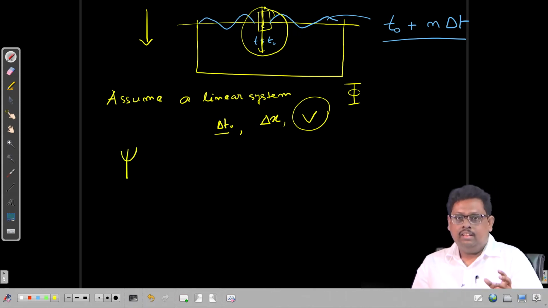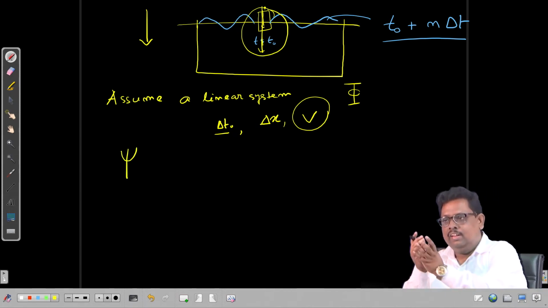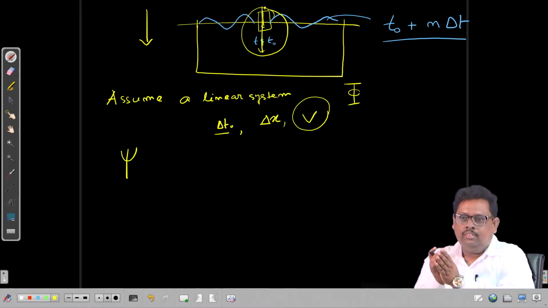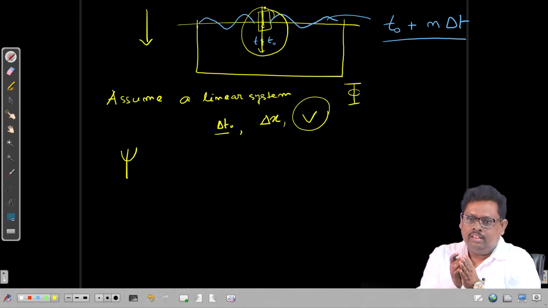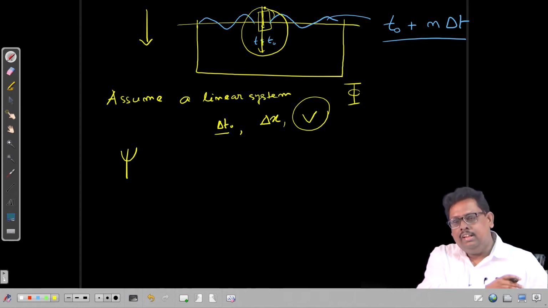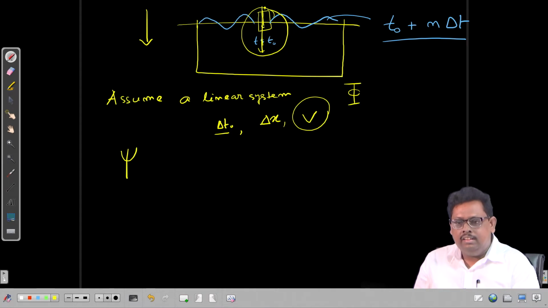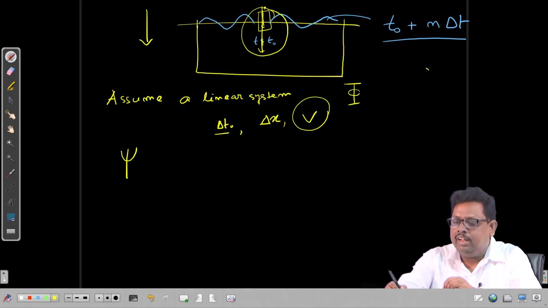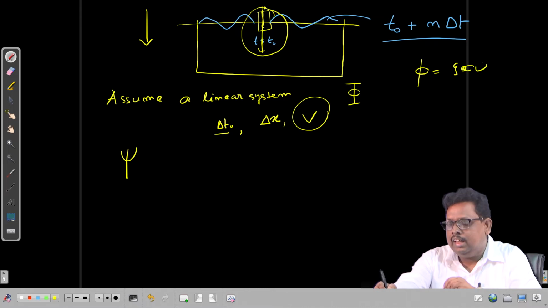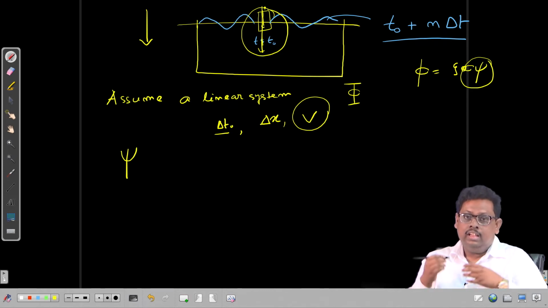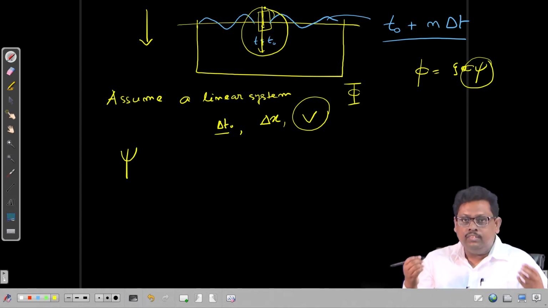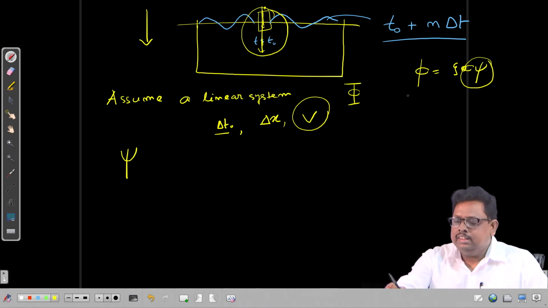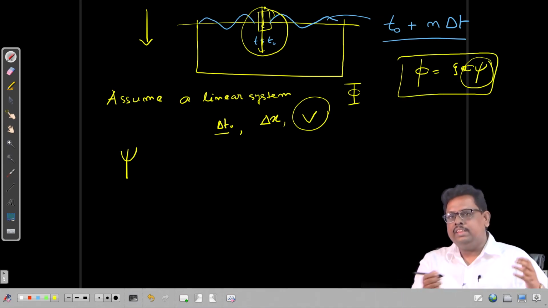If you remember, we always define a velocity potential as a normalized velocity potential multiplied by some magnitude. That is what we have done in the case of a Wamit-based solution. Remember that at that time I defined phi equal to some xi multiplied by psi, where this psi is the velocity potential for unit amplitude of the motion, right.